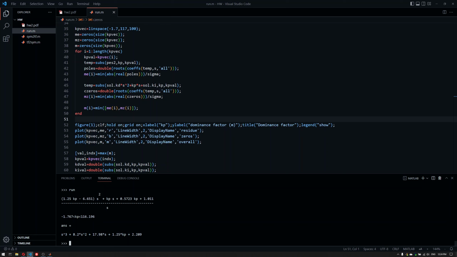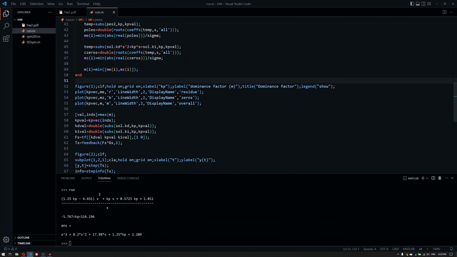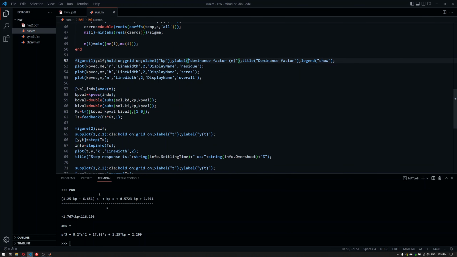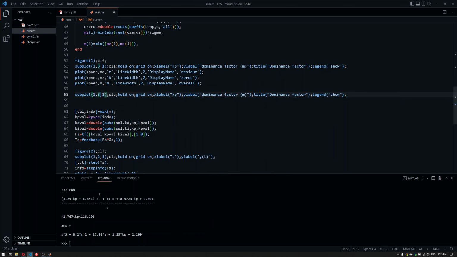We also have PZS, the zero polynomial, in terms of KP. One parameter and a polynomial, an unknown parameter and a polynomial, gives us root locus. So we can also plot the root locus for this system. So let's see. That's dominance factor. Maybe I can squish it in here. So subplot, let's have 1 by 3, and the first one is this here. So I'm going to plot the root locuses here.